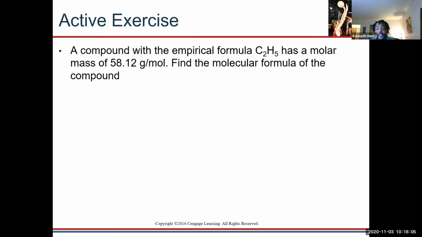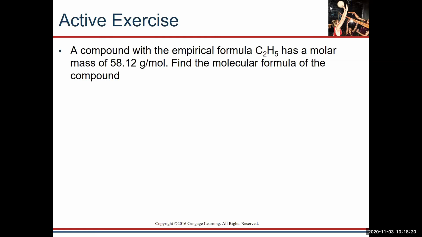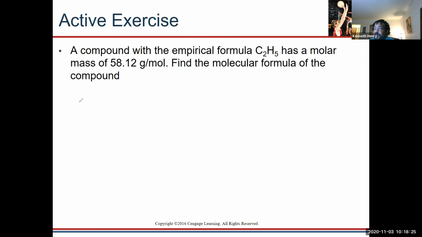Okay, so what's given to me? What are my givens? That your molar mass is 58.12 grams per mole. Okay, that's right.